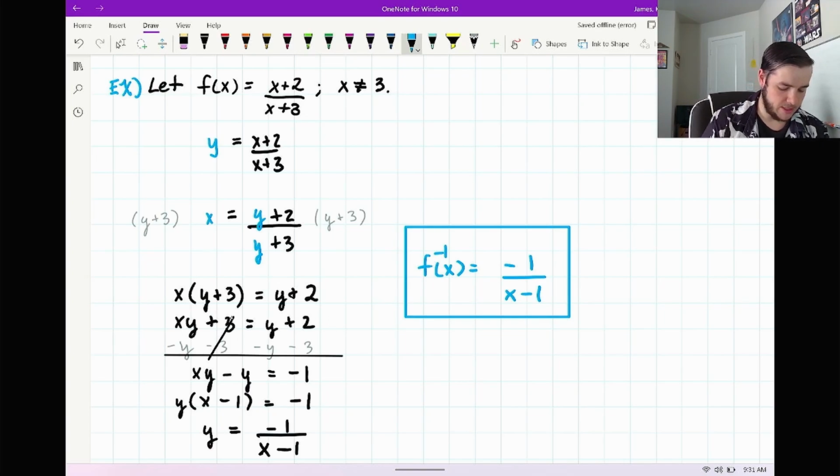So I moved this 3 over to the right and this y over to the left and got this line. Then I could factor my y out and isolate it by dividing the other term over. And that gave me -1 over x minus 1. The last thing I needed to do was write f inverse of x to be y.